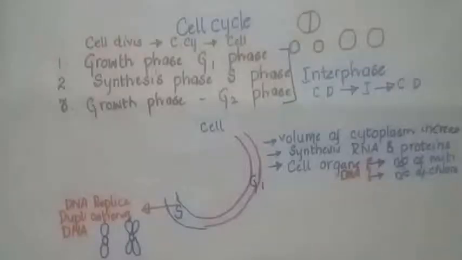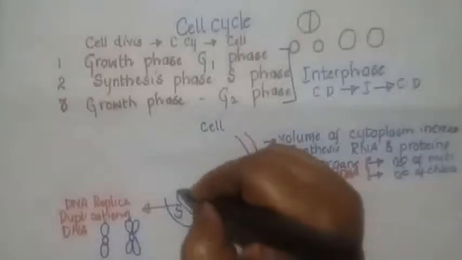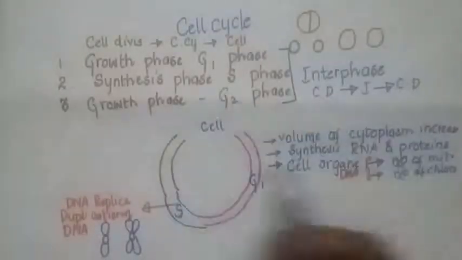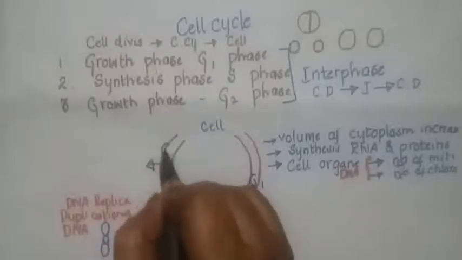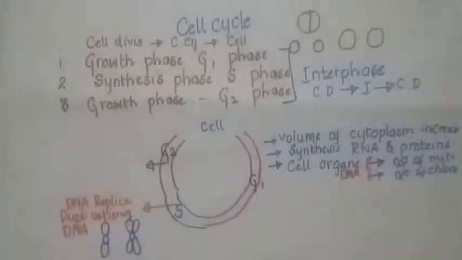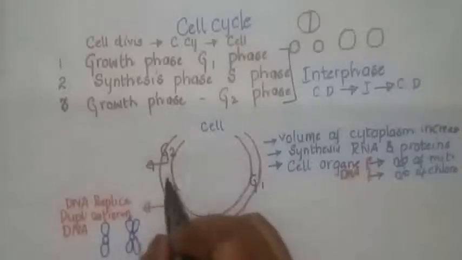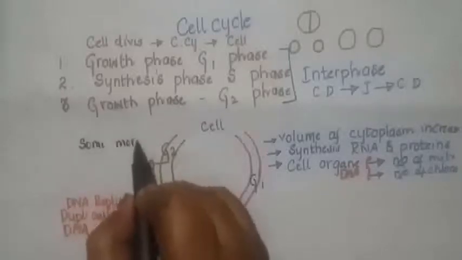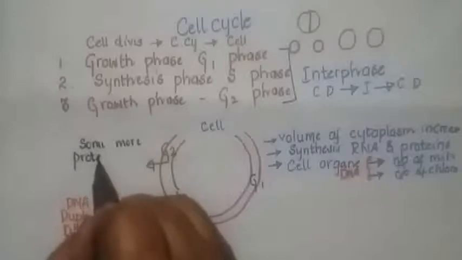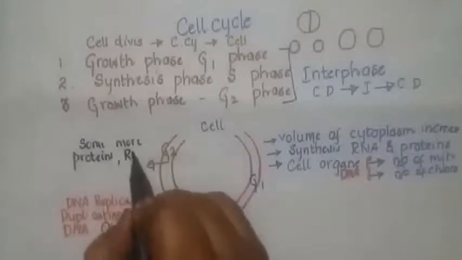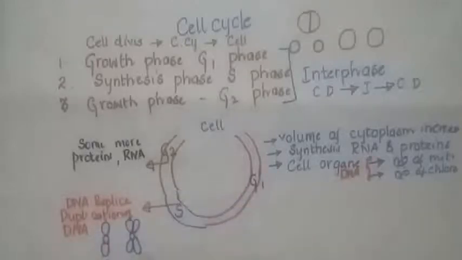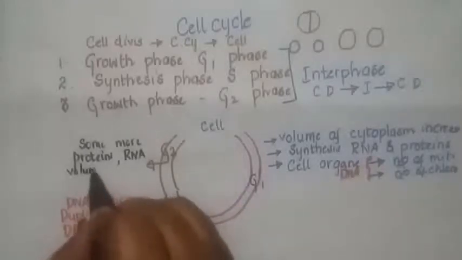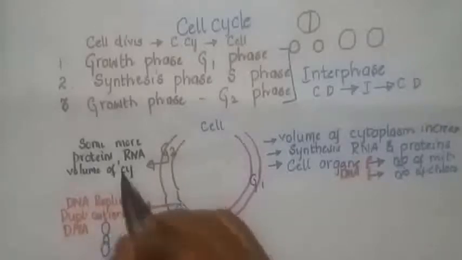Now the cell, after synthesizing the DNA, or after duplication of DNA in the synthesis phase, enters the next phase known as growth phase 2. In growth phase 2, some more proteins and some more RNA are synthesized, and again the volume of cytoplasm increases.